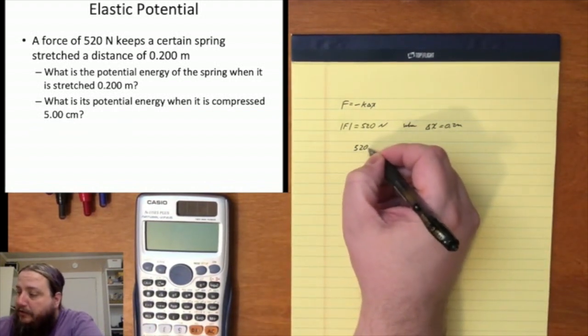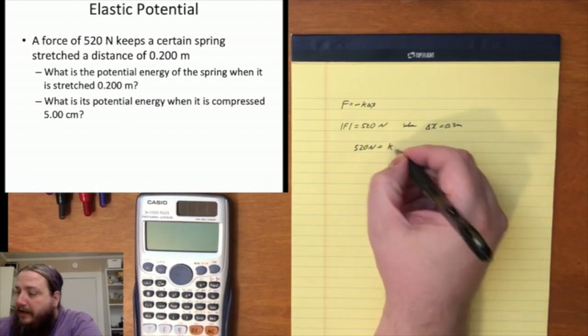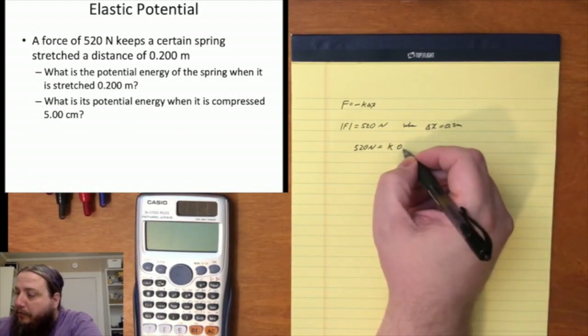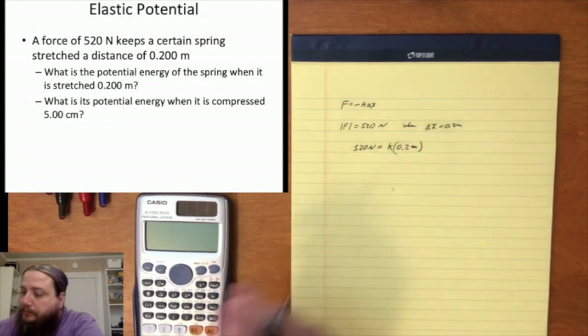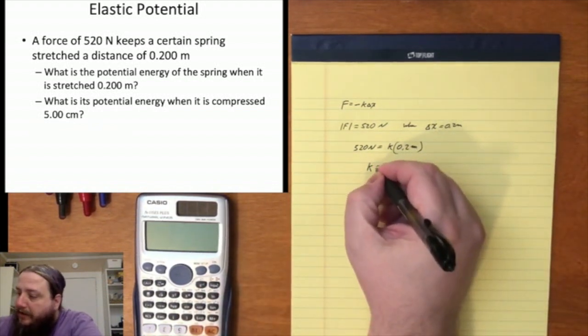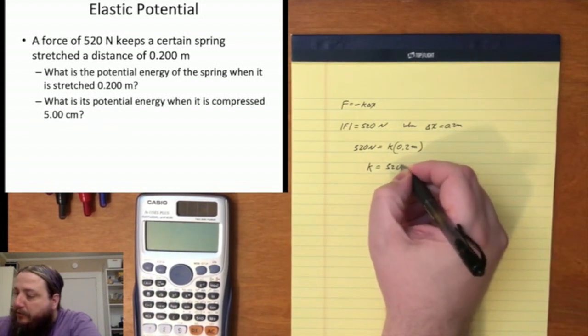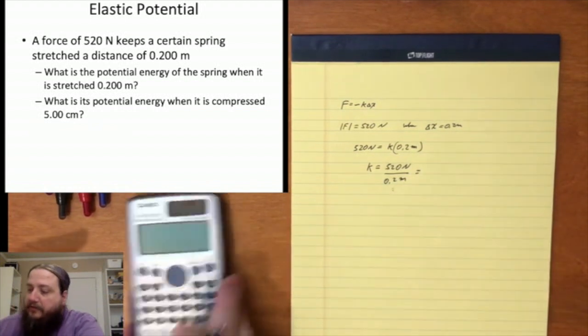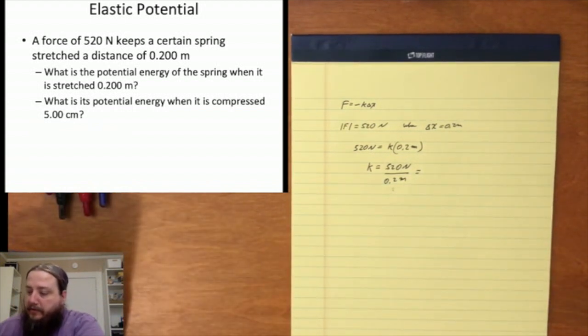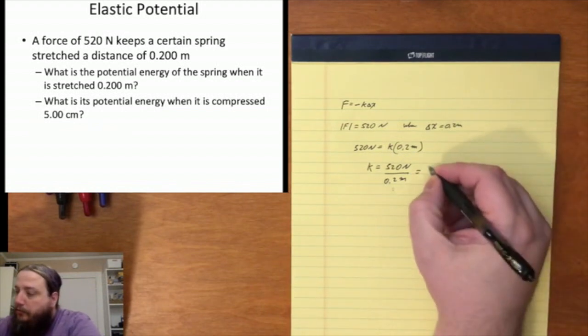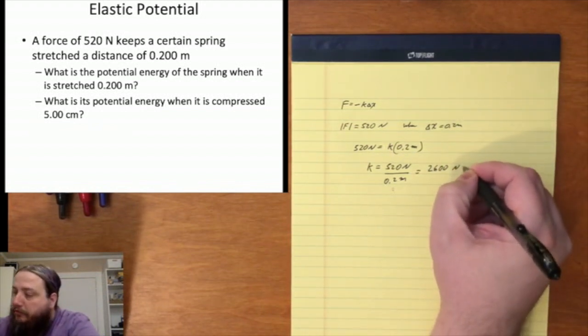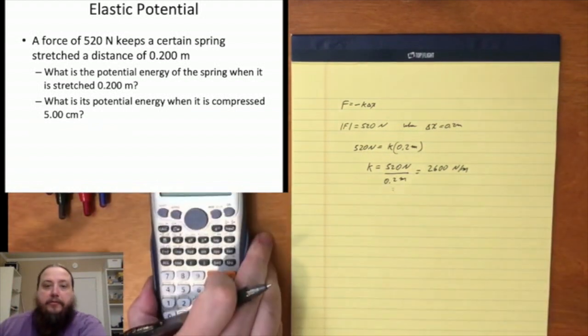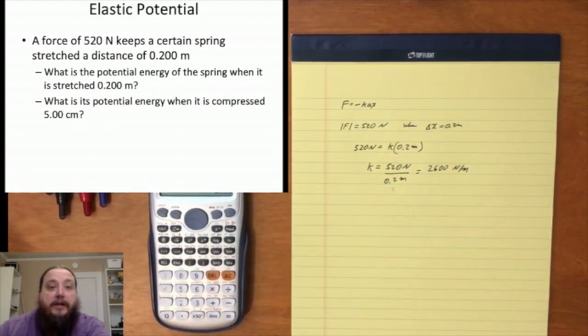So 520 newtons is equal to K times 0.2 meters, or our spring constant K is 520 newtons divided by 0.2 meters, which is 520 divided by 0.2, 2,600 newtons per meter. All right, so for each meter you would stretch this spring, the spring would generate 2,600 newtons of force.